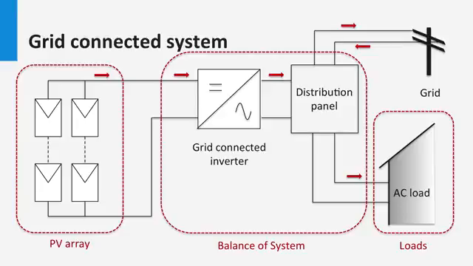Here, a typical grid-connected PV system is shown. Consequently, the inverter is a grid-connected or grid-tied inverter. In this case, the PV system is grid-connected. The load can depend on the PV system as well as the grid for power. There is an exchange of power between the grid, the inverter and the load.